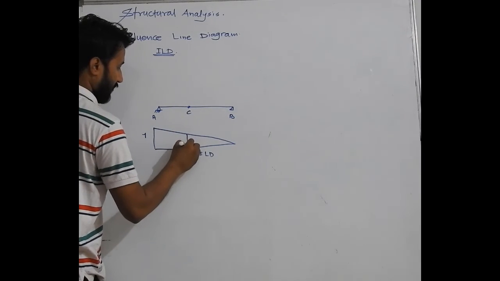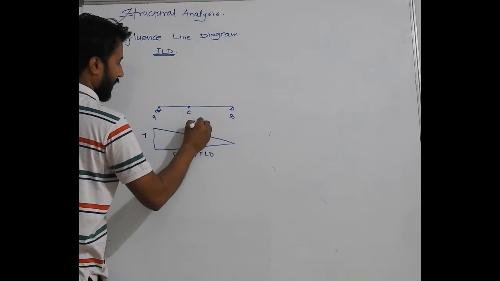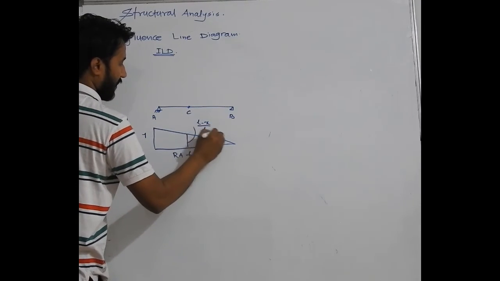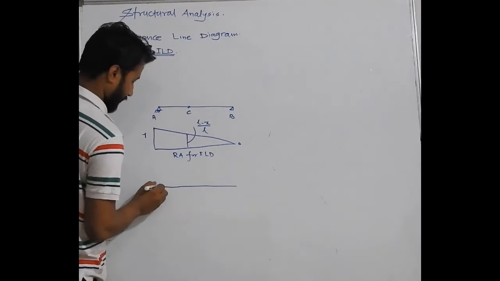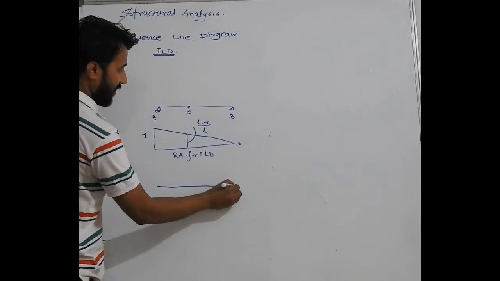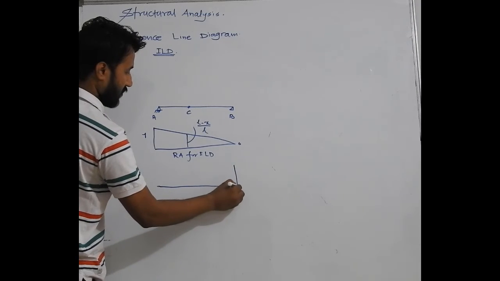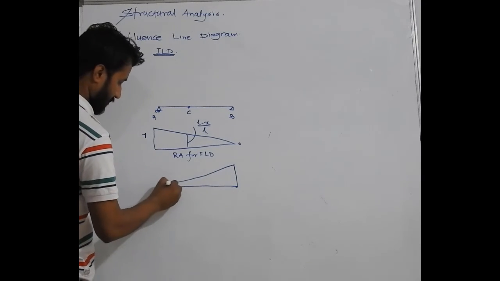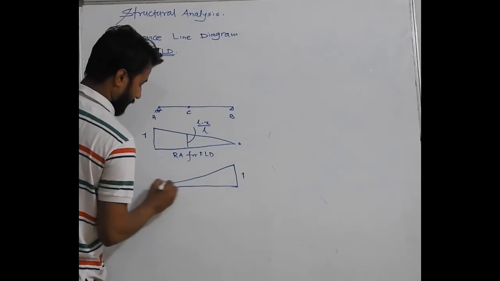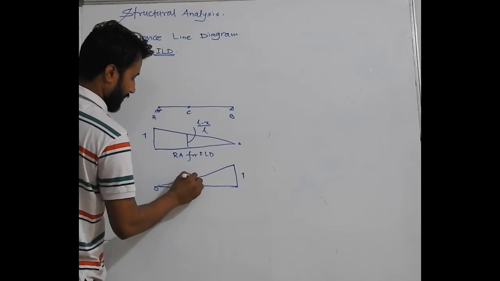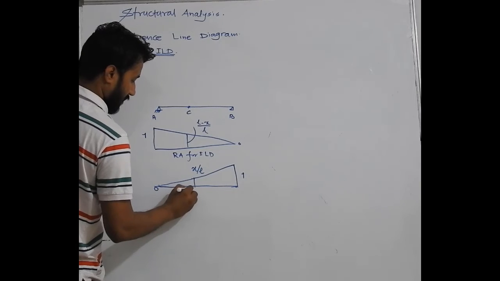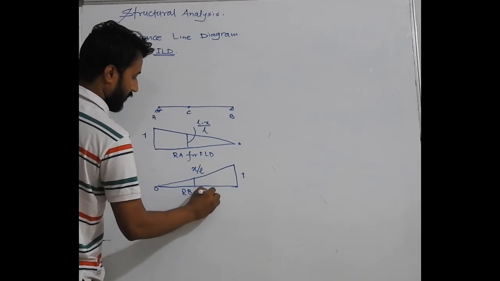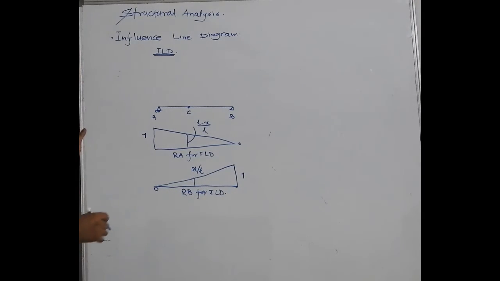At any section, if you have to calculate, RA will be L minus X divided by L. Now we know that RB at A is 0, RB at B is 1. So this will be drawn like this. At any section, RB will be X by L. So this is RB for the influence line diagram.